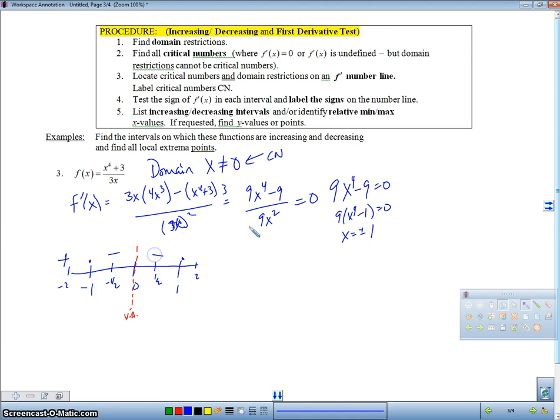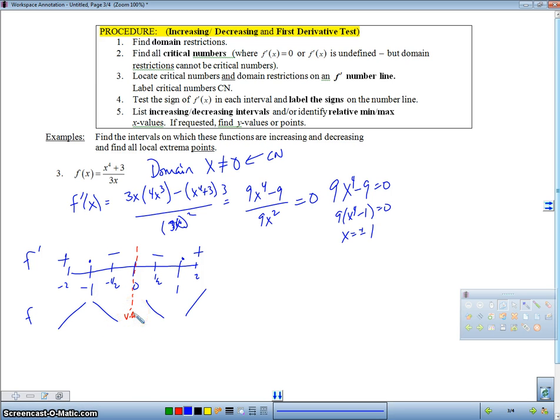Same thing here: this is a smaller value than that 9, so it's negative, and then this one is positive because it's a way bigger value. So this is our f prime graph, and in general our f graph is going to increase, then decrease, and then increase again. We're probably going up towards a vertical asymptote, and down towards a vertical asymptote here.